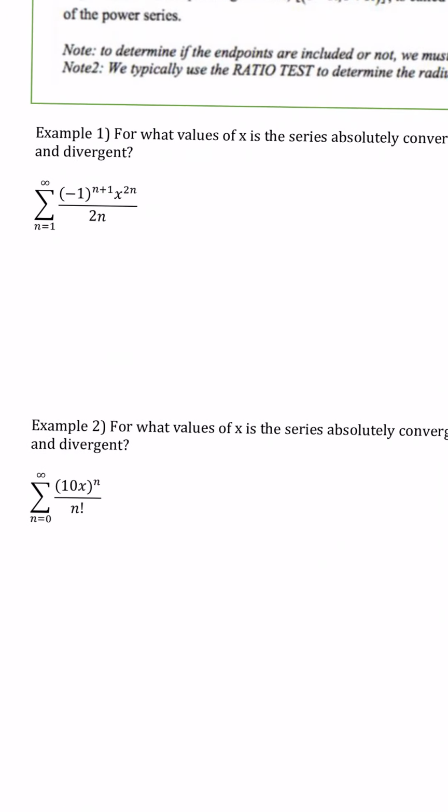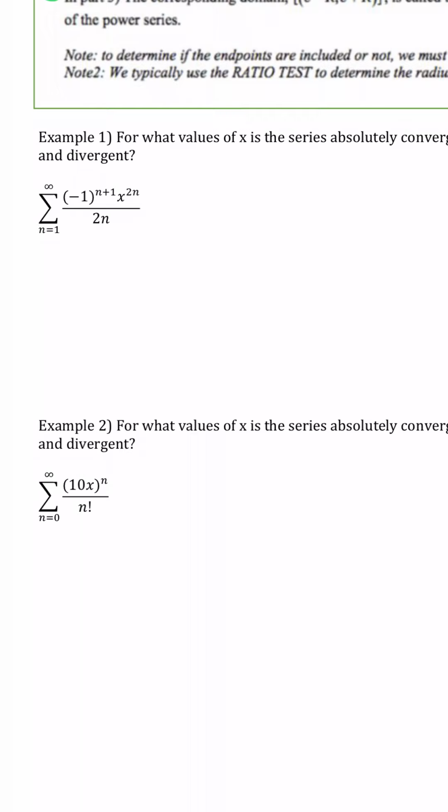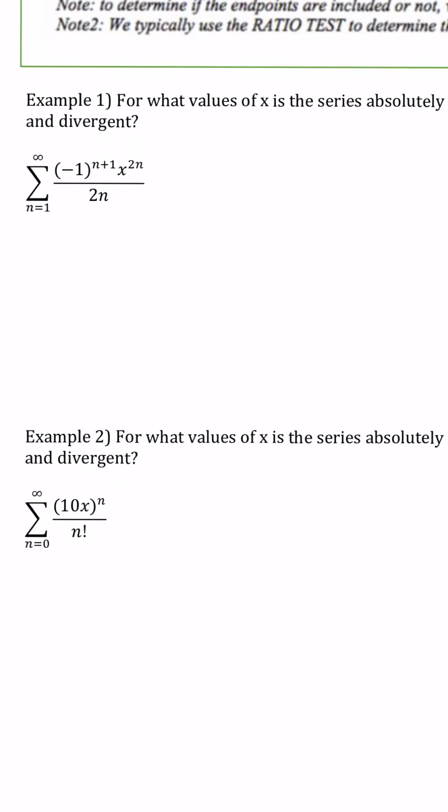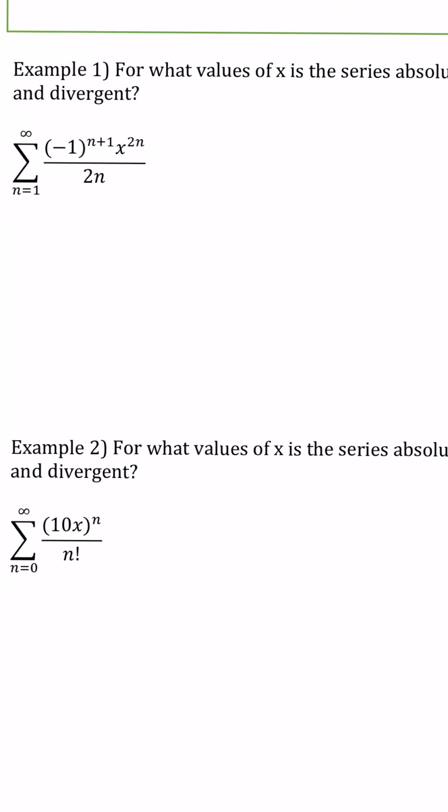So I want to know for what values of x this series absolutely converges, conditionally converges, and is divergent. So the second I see a power series, I'm going to make this big so I have lots of space.